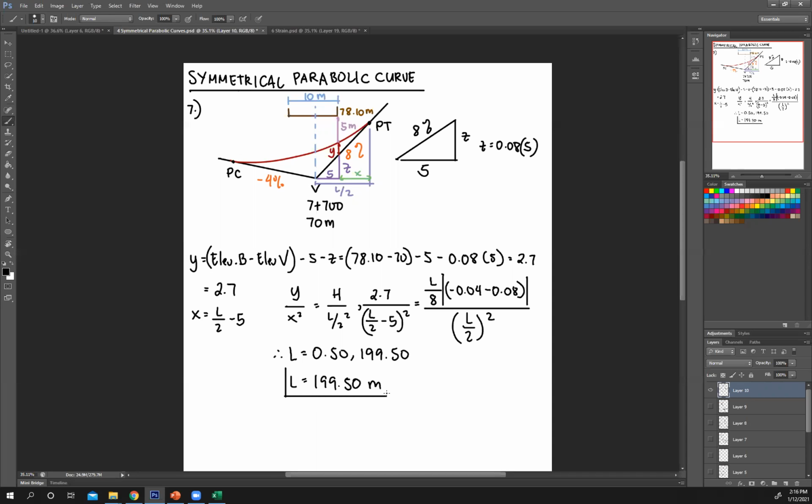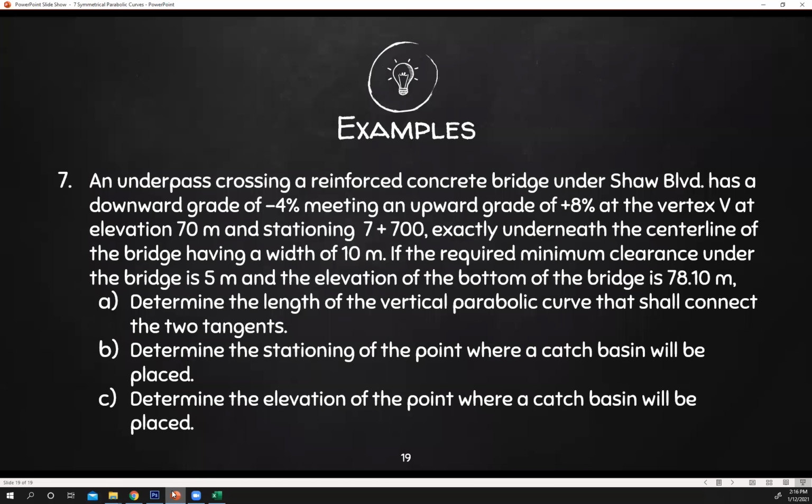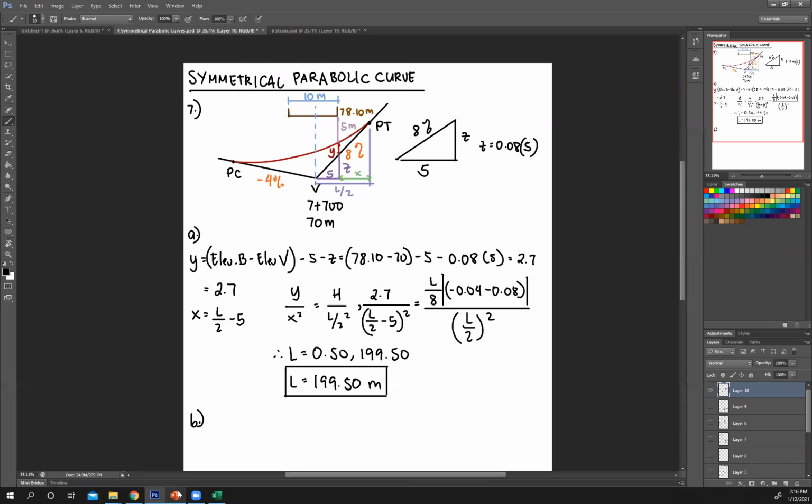So that's letter A. Move on to letter B: stationing of where the catch basin will be placed. Where should we put the catch basin?